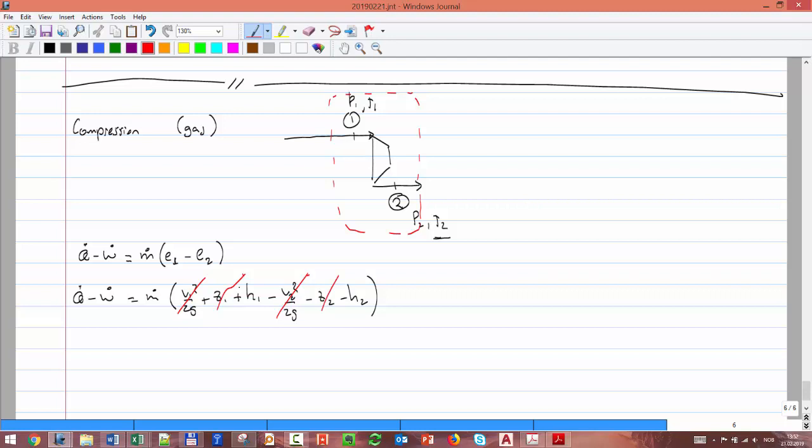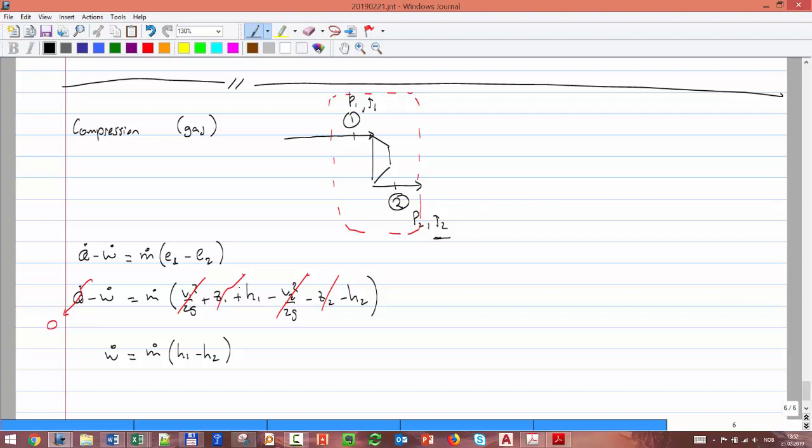We can neglect it. The purpose of the compressor is not to exchange heat with anyone. It's just to give power. So we can say that one ideally should be zero. So we end up with the equation m(H1 minus H2).